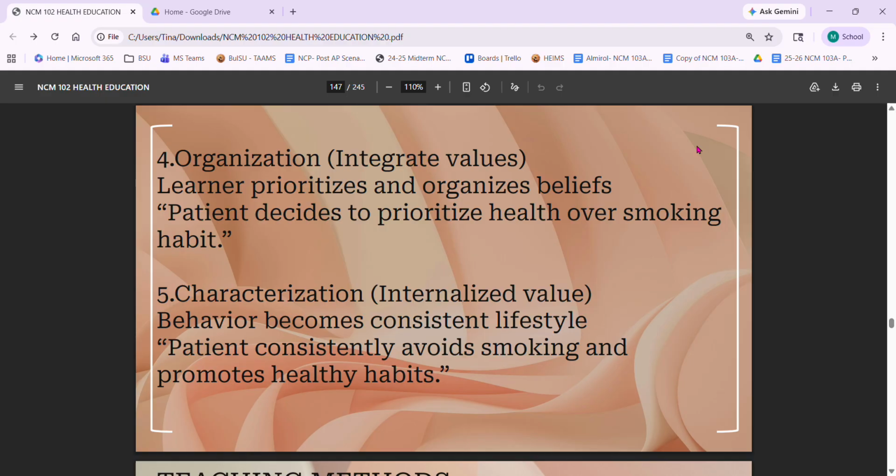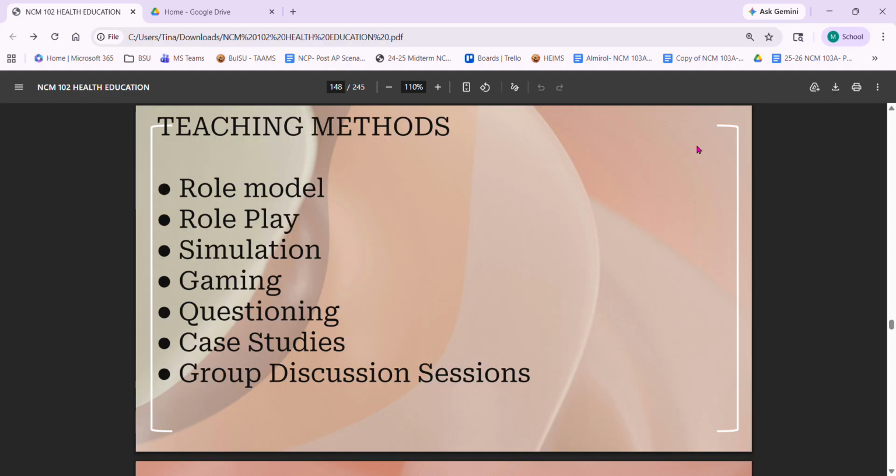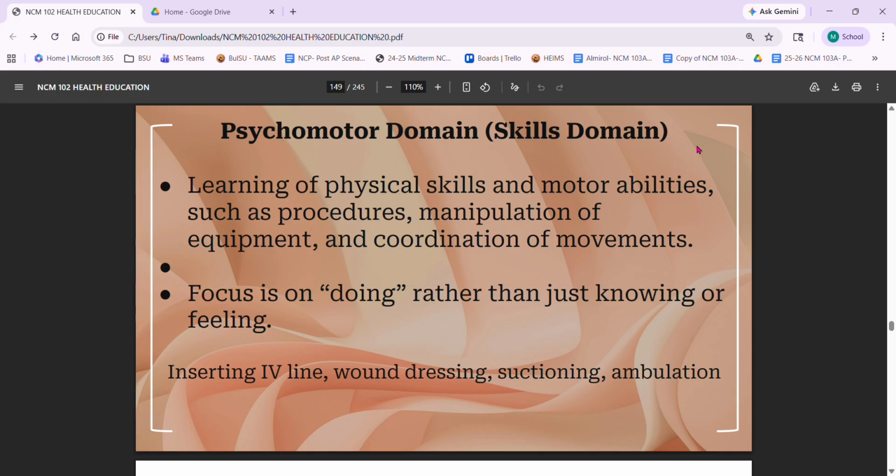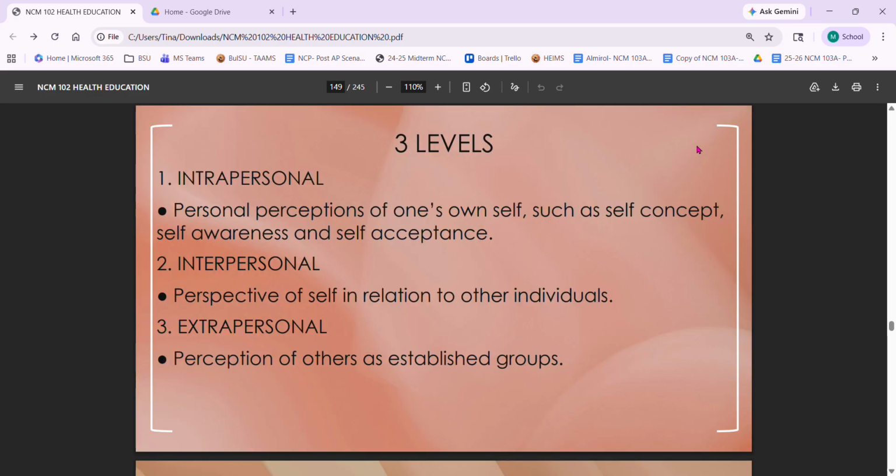Okay? So, that is for your emotional part. And yung teaching method na gagamitin mo dito is role model, role play, simulation, gaming, questioning, case studies, or group discussion sessions.